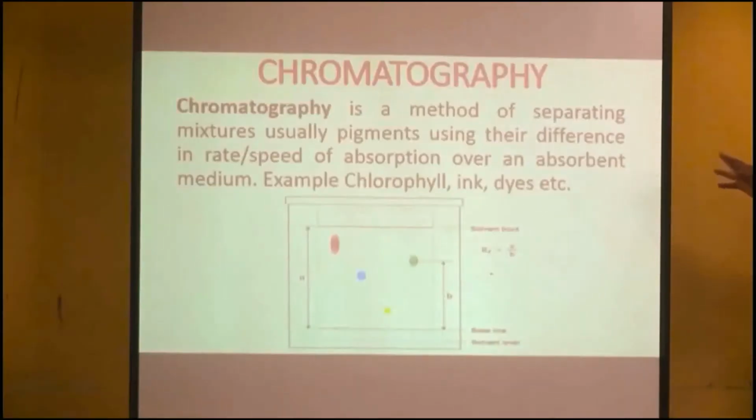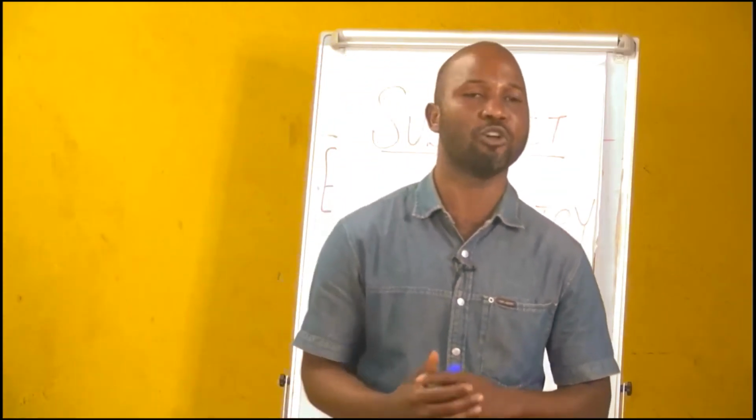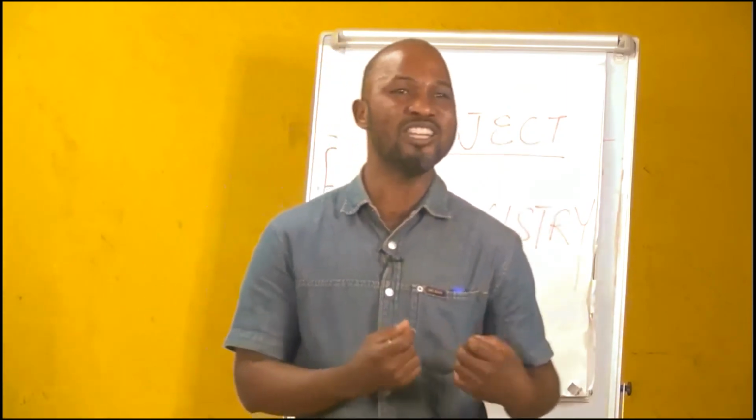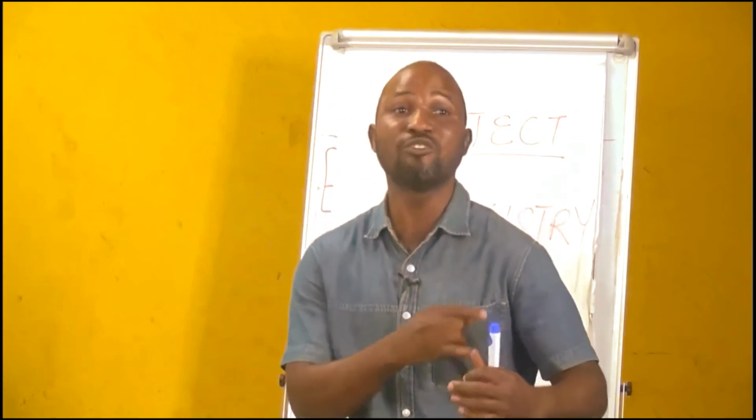Now, chromatography. Chromatography basically, my students, take note, is used to separate pigments using their difference in rate of absorption over an absorbent medium. I'm sure when you were in secondary or primary school, you kept your blue pen in your white uniform, and when it leaks on your uniform, you discover that it spreads out to give you different colors.